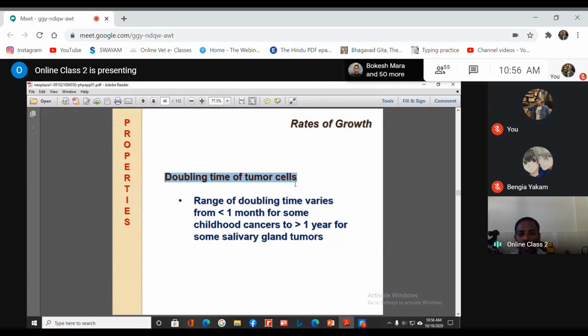Another point to be remembered about doubling time is that, as I previously told, it is the time required for 1 cell to become 2 cells.